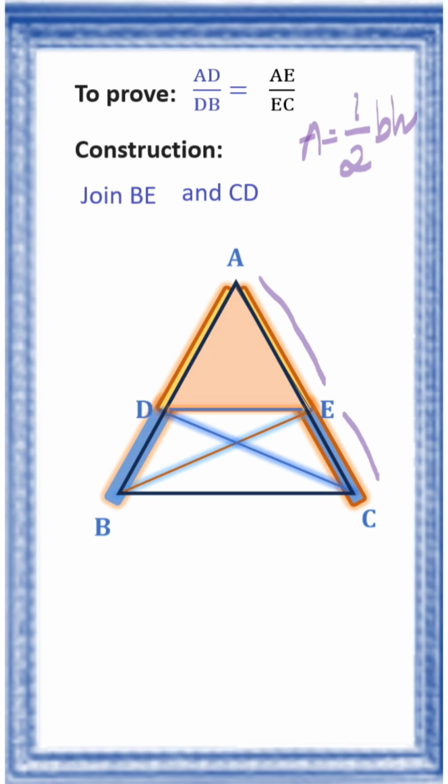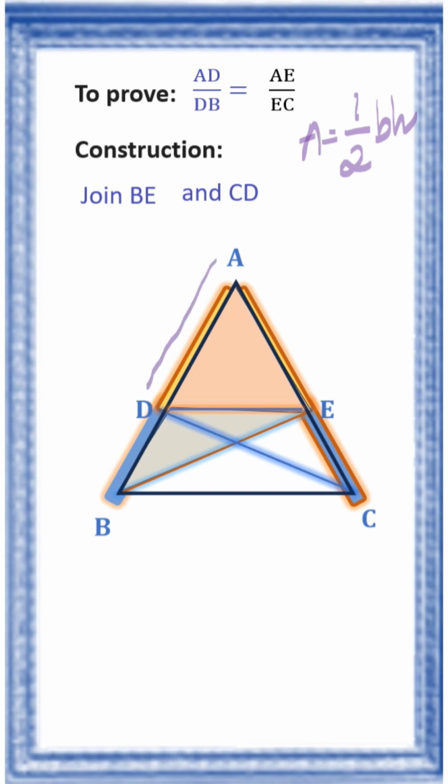Now what we have to do: in triangle ADE and triangle BDE, if you want to take the areas of these two triangles, we have to draw a perpendicular. A perpendicular should always be drawn from the opposite vertex to the base. Here the base is AD.